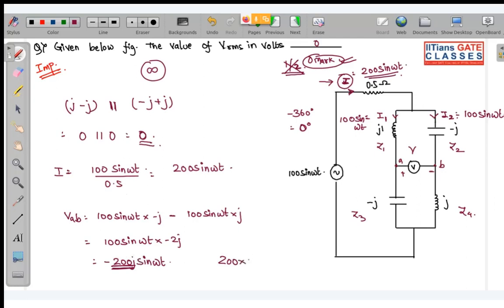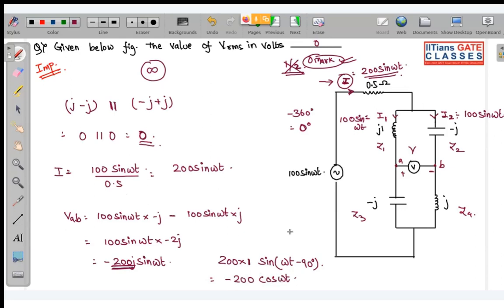It is 1. What is the phase of minus j? It is minus 90 degrees. So this will be sine omega t minus 90 degrees, which is basically minus cos omega t. So this will be minus 200 cos omega t. So the voltage present in sinusoidal form is minus 200 cos omega t.